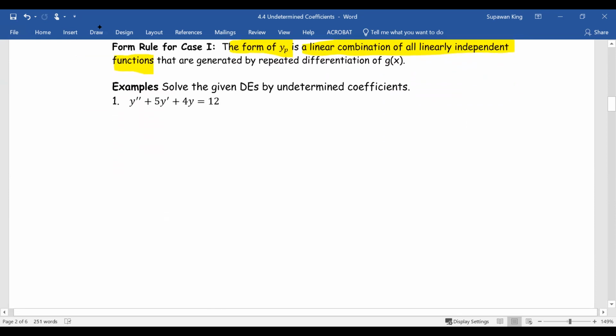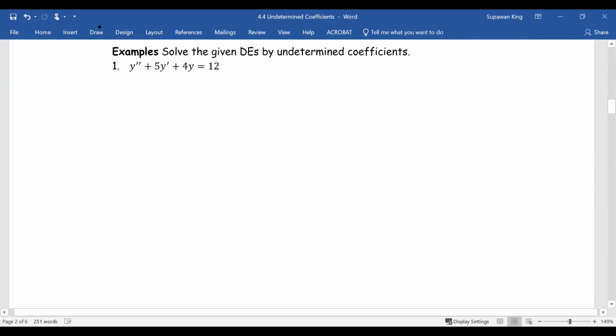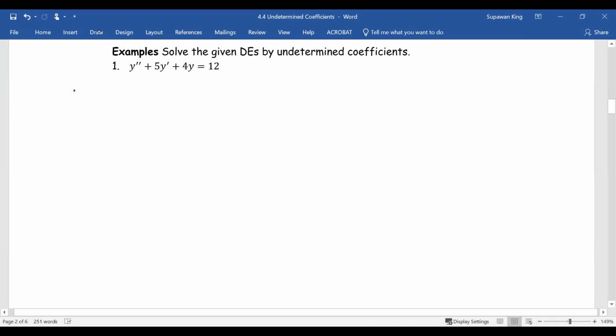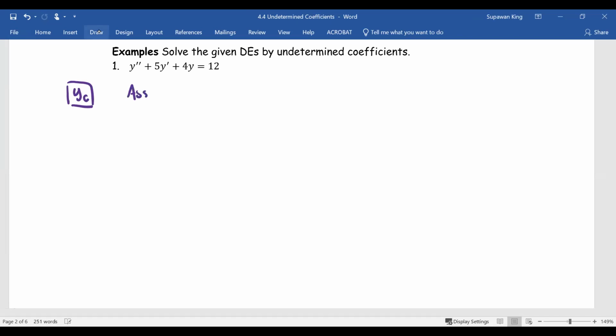The first example: y double prime plus 5y prime plus 4y equals 12. Step 1, we find yc by using the associated homogeneous equation, which is y double prime plus 5y prime plus 4y equals 0.